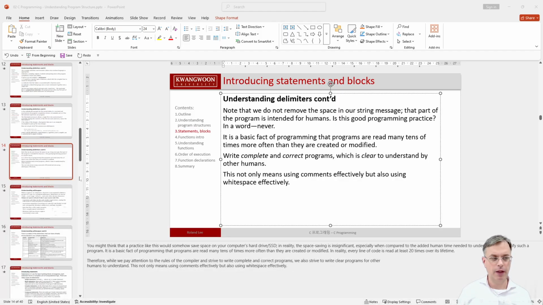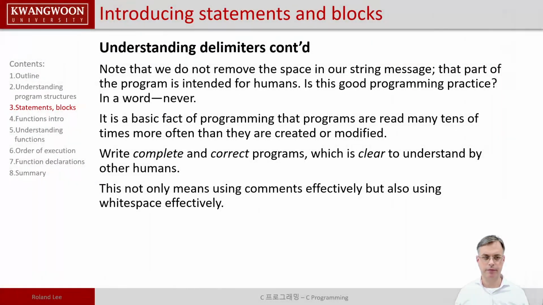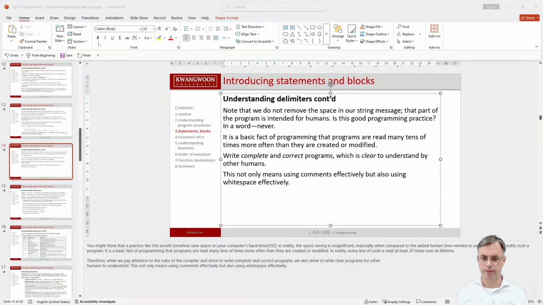Now, note that we do not remove the space in our string message, right? Okay. So when a space or new line character is not required to delimit a portion of C code, it is considered white space, and white space can also be tab, carriage return, and some other obscure characters.